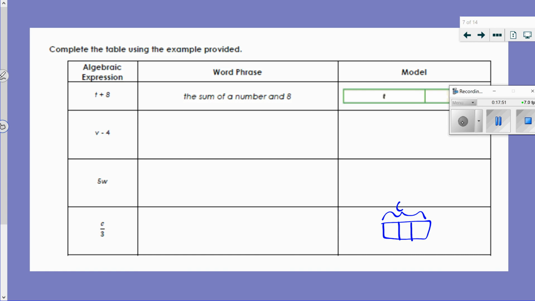Guys, listen up. Okay, let's go through these answers really quickly. Now, I will say up front, there are several different ways to translate these into English. But I'm going to give you one of them. So just make sure you have one that makes sense. So for this one, I would actually go with just the difference of a number and 4.